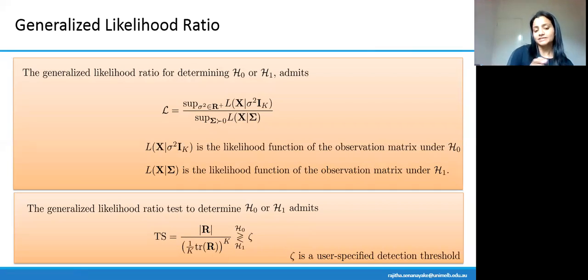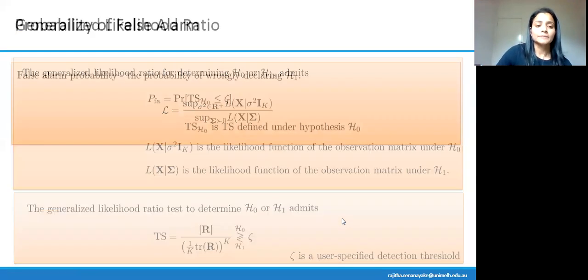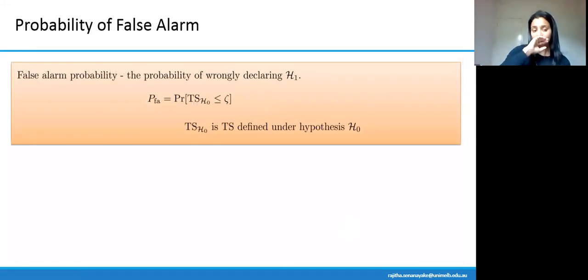Based on this test statistic, we actually did quite a lot of analysis. The first performance measure that we derived is the false alarm probability. The false alarm probability is simply the probability that we wrongly say that there is a primary user.